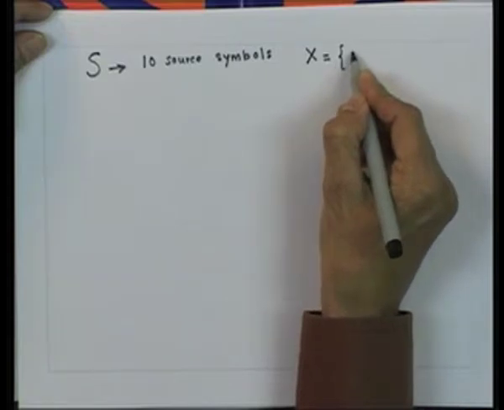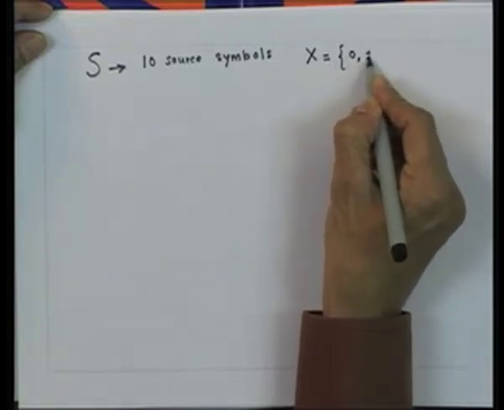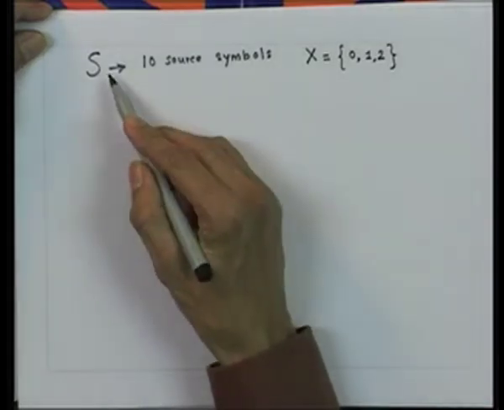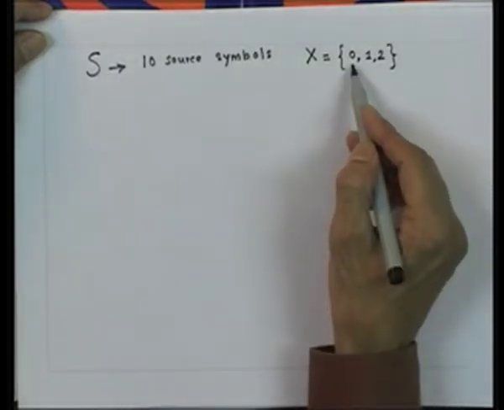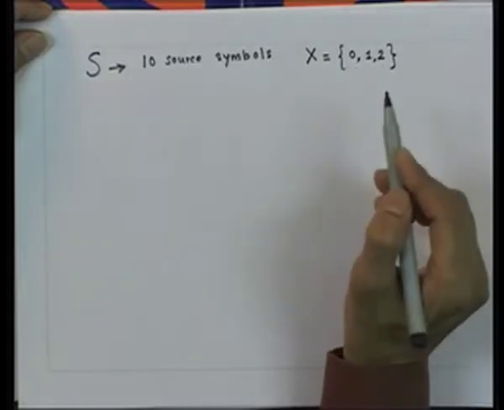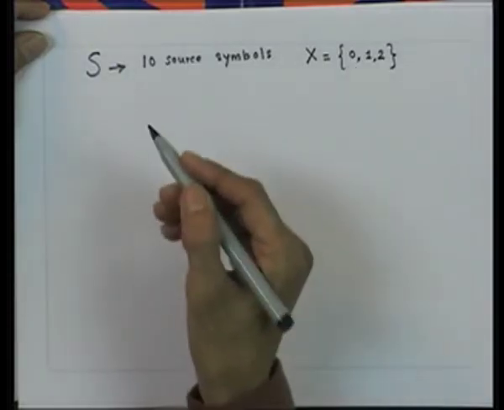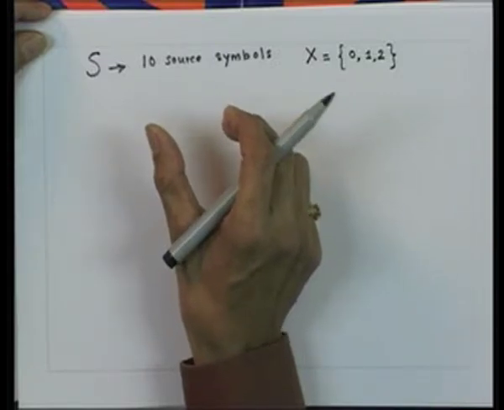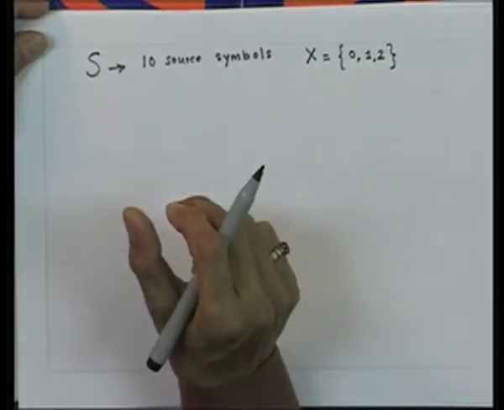So, it has 3 symbols: 0, 1, 2. I want to code this source into a trinary instantaneous code, and I have also been given the code word lengths for these source symbols.